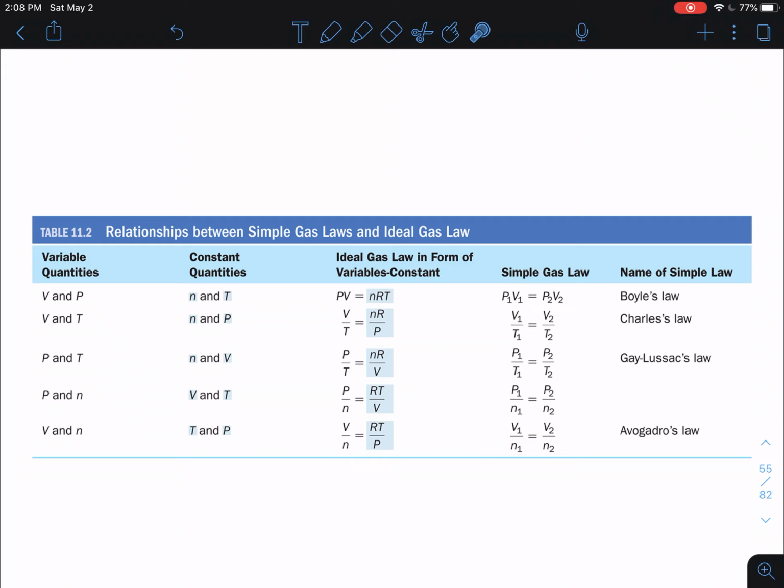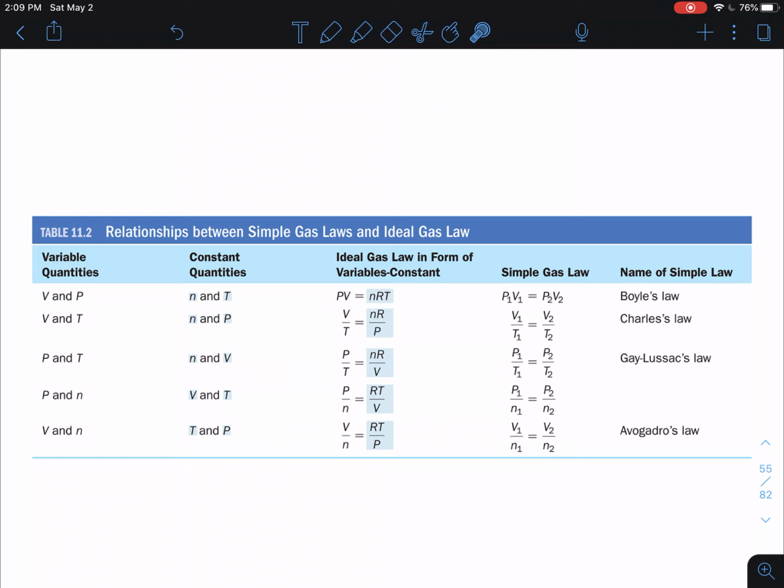So this is the relation. You can go over this and look through it yourself. We didn't talk about this law right here, but that's okay. The take-home message for this chart is that PV equals nRT encompasses all of the gas laws that we have already talked about.